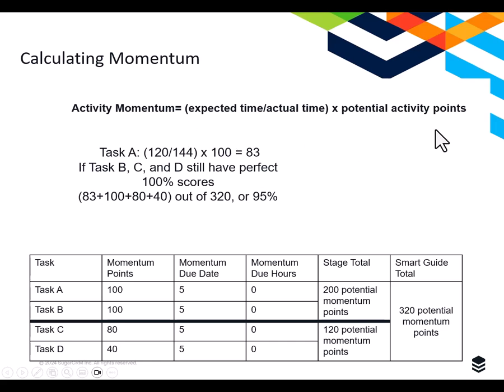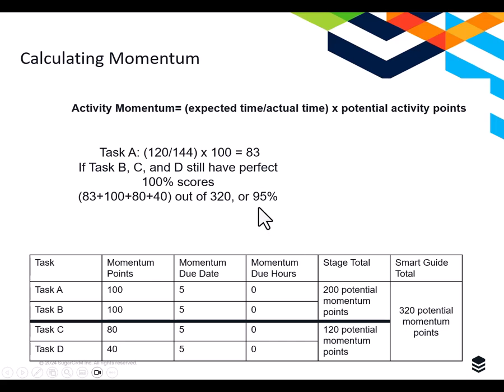That's just like the one at the top here. We're going to say that tasks B, C, and D were all done perfectly and they get 100% on those. They get 83 for the first one because they didn't get the total 100 points, since they did it slower than we thought they should. And they get the full 100, 80, and 40 points. We add those all up and divide by the 320 potential momentum points, and that's 95%.